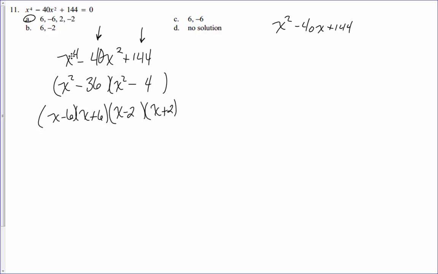The only difference is, since you do have an x to the fourth and an x squared, instead of just being x minus 36 and x minus 4, it's going to be x squared minus 36 and x squared minus 4, which then, of course, each one of those will factor again, and then you just set each one equal to 0 and solve for the x values. Okay? That's all there is to that one.